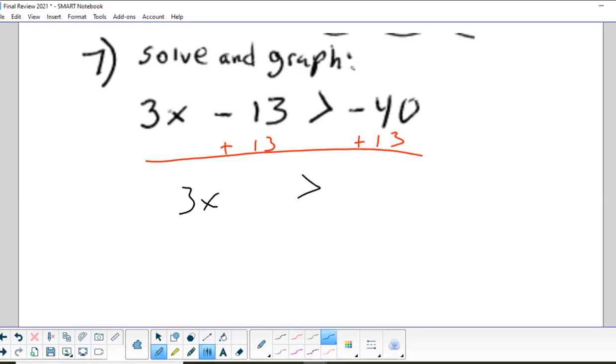Negative 40 plus 13. It's negative, right? There's more negative. You go down 40 and up 13. Where are you at? Negative something. 40 take away 13 is 27. So see, if they're different signs, you would subtract them.